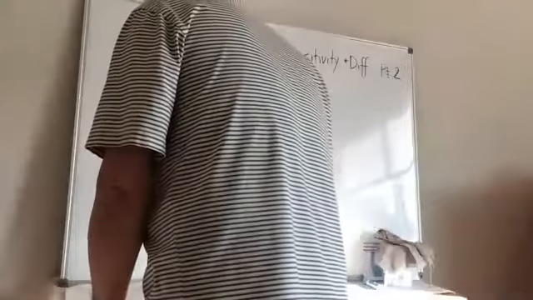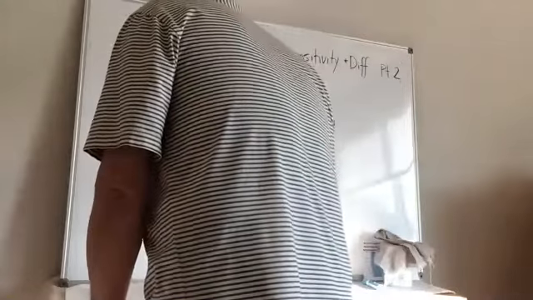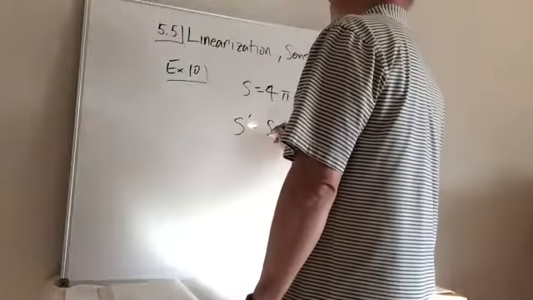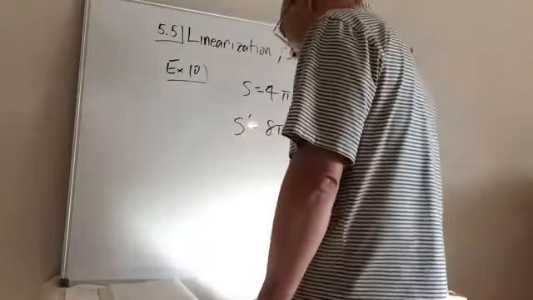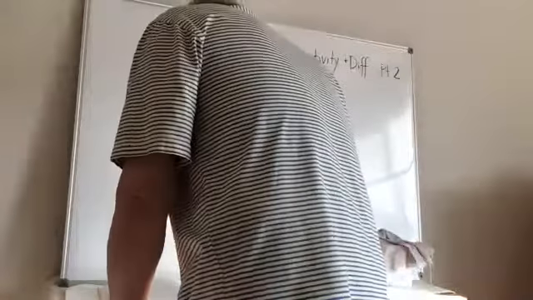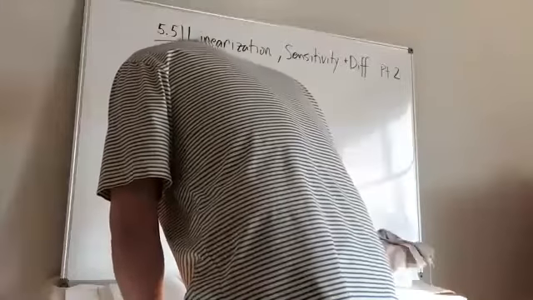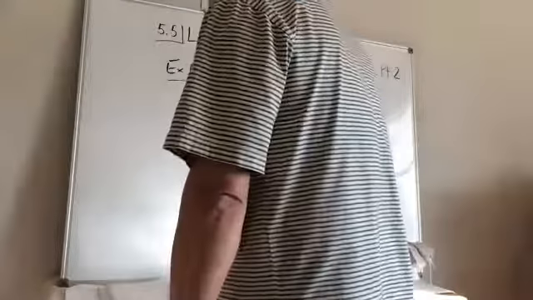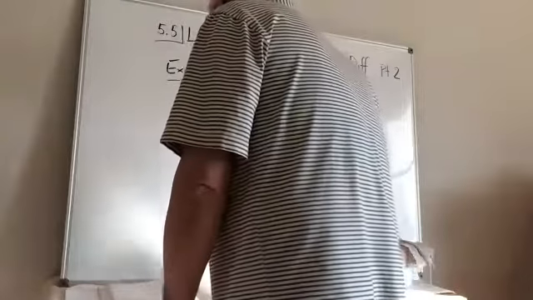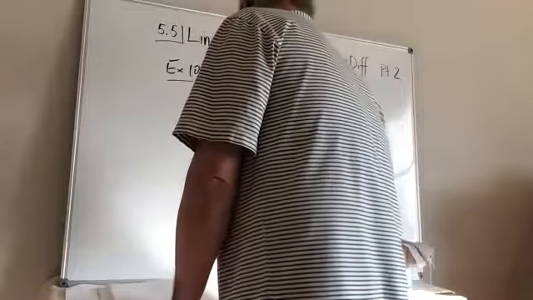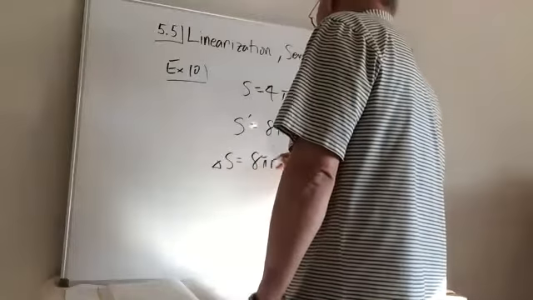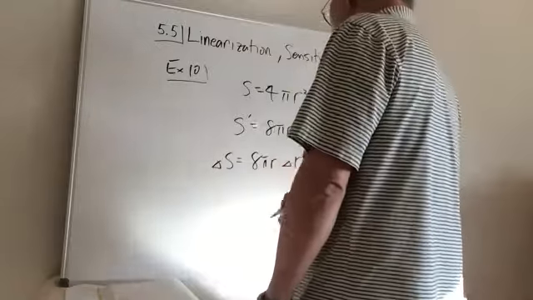S prime is going to be equal to 8 pi r, and I want within 1% of its true value. So my delta S at that point is going to be equal to 8 pi r times delta r.